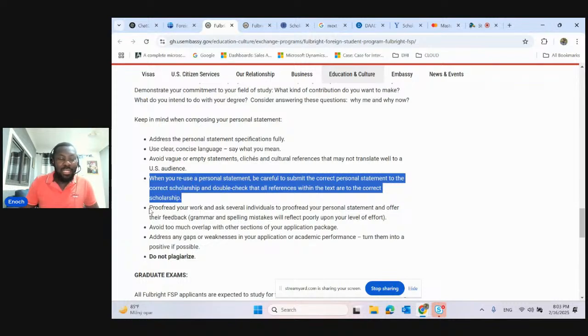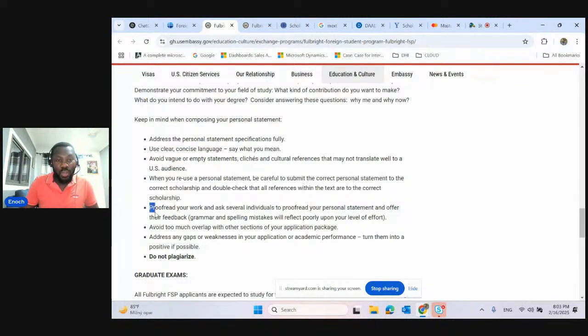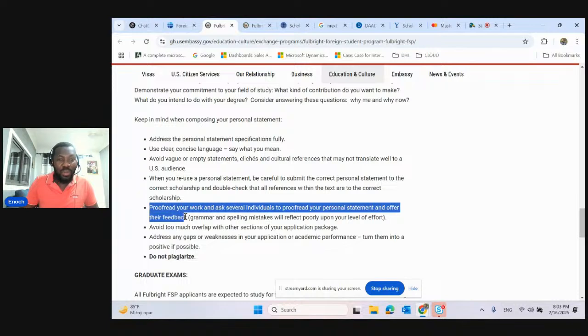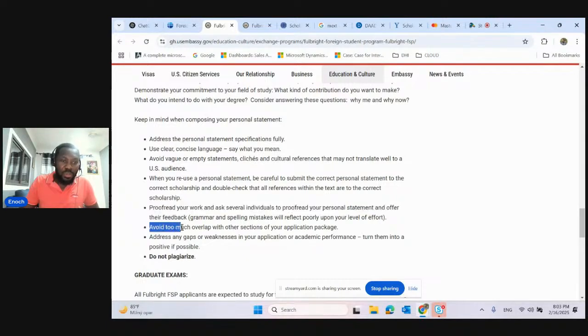Again, like I said, you must let someone review it for you. You have to proofread your work several times to correct any simple grammatical errors or spelling mistakes. Avoid too much overlap with other sections of your application package. Like I said, don't repeat the same information in every essay.